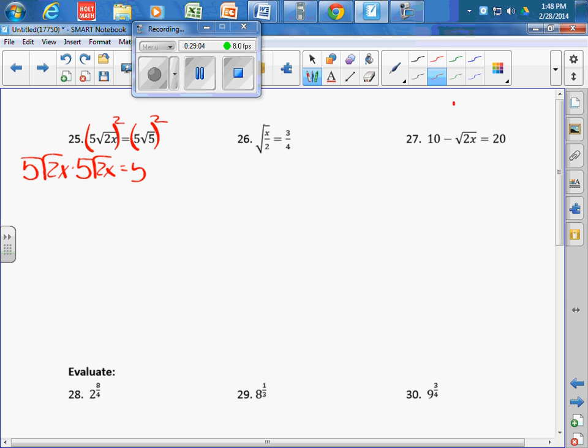You're going to have 5 radical 5 times 5 radical 5. 5 times 5 is 25. Radical 2x times radical 2x is 2x. 5 times 5 is 25 times radical 5 times radical 5 is 5.